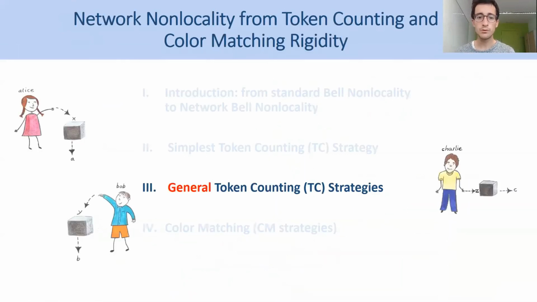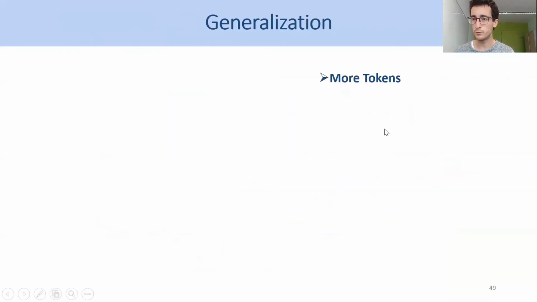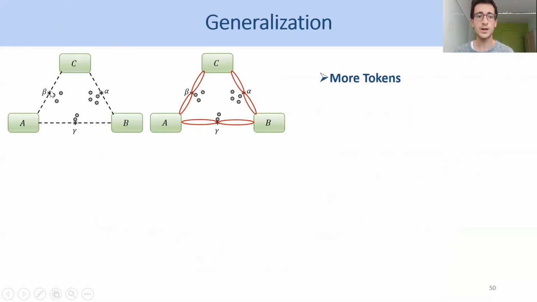Instead, I want to explain why this is actually much more general than just the triangle scenario. You can now look at general token counting strategies, and first you can put more tokens in this triangle and you will have the same result. And you can also look at various networks.